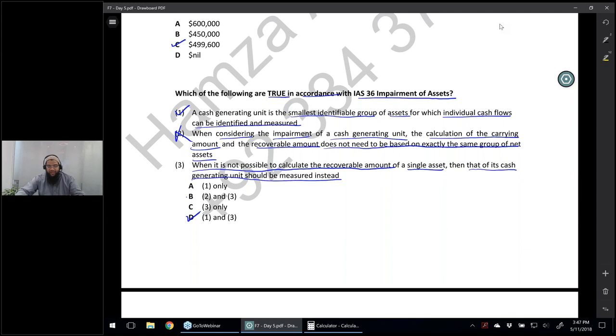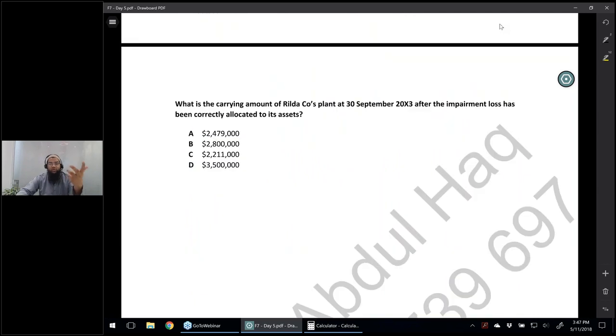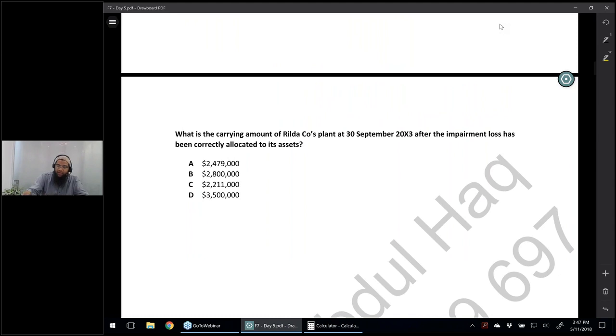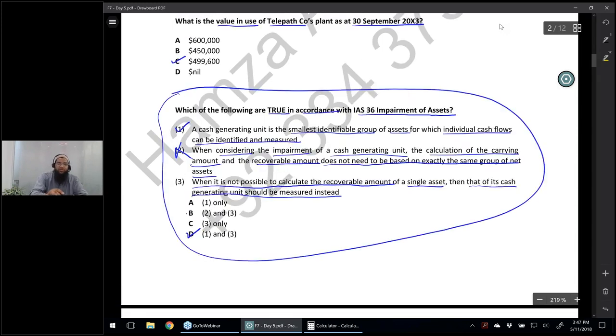So if you see, we have solved two MCQs which are general and do not relate to the scenario. Which two? This one and the first one.